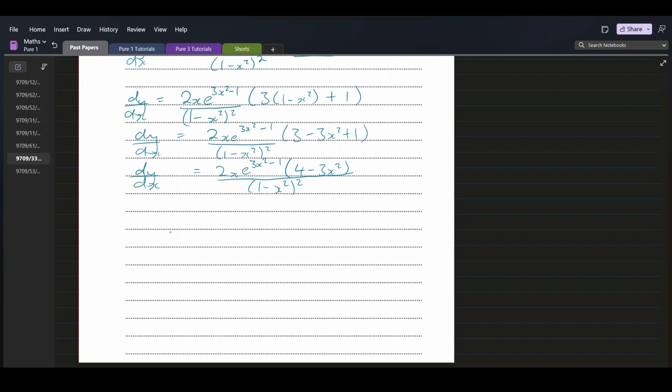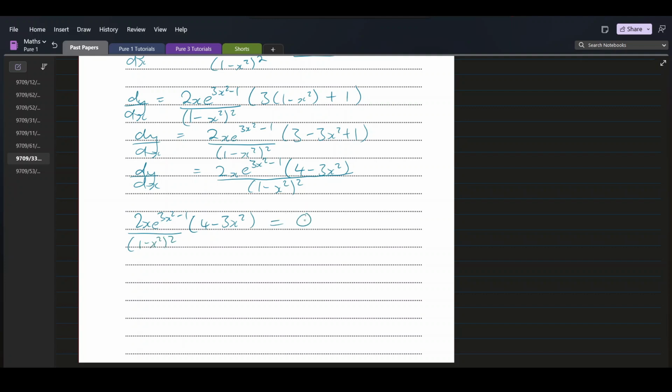Since we want the coordinates of a stationary point, we can equate dy/dx to 0. So this becomes 2x e^(3x² - 1) times the 4 - 3x², and that's over 1 - x².